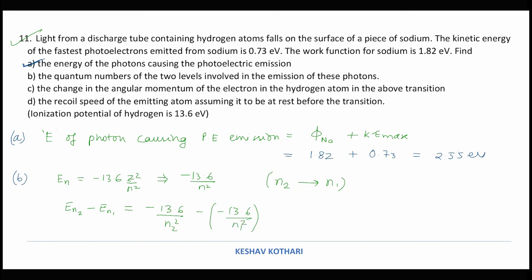From here we obtain that the energy change involved is 2.55 electron volt, which we have calculated in the first part, and this can be equated to 13.6 into (1 by n1 square minus 1 by n2 square). So this is the required equation, which I am referring to as equation 2. This was equation number 1 for this problem.